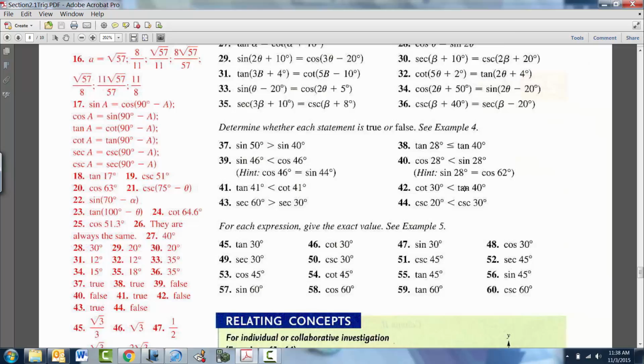Isn't that crazy? And then this one, you have to know the relationship. What does tan do as theta increases? By the way, I didn't tell this the second hour. Notice the angle measure that they have here. True or false? I don't really know because these angles are the same.